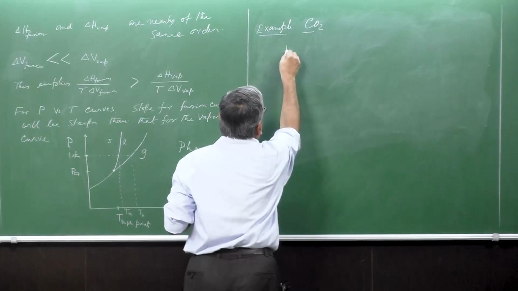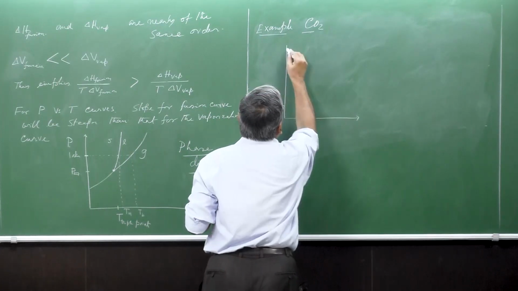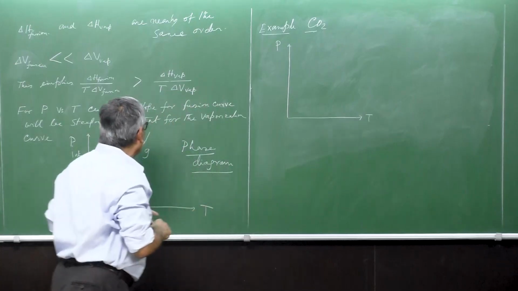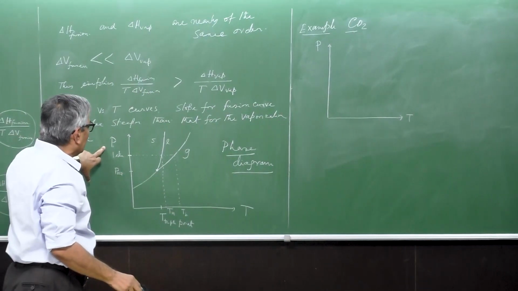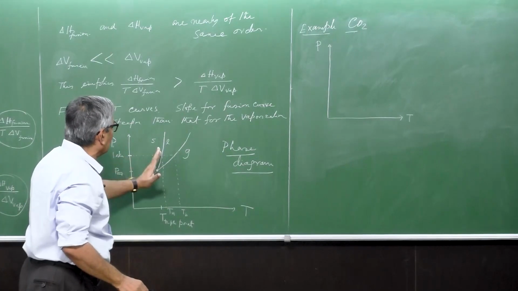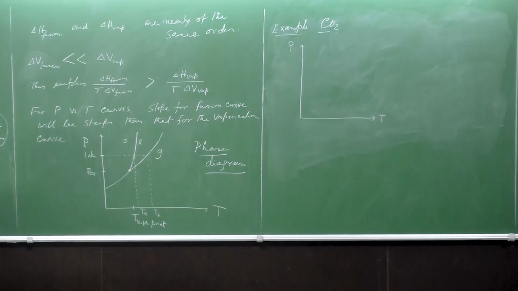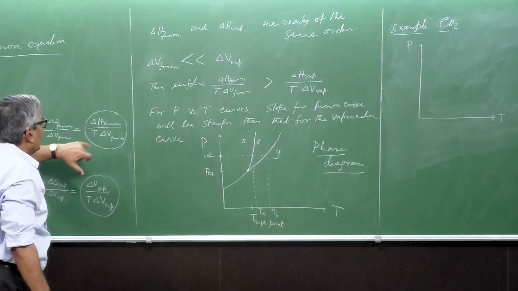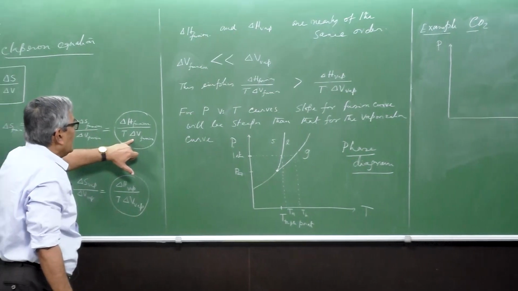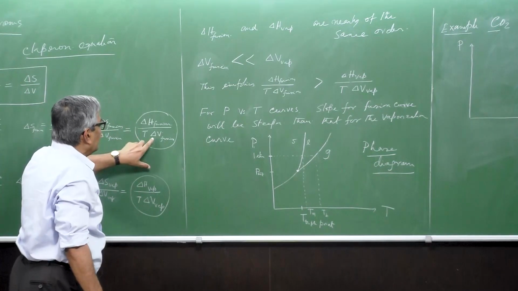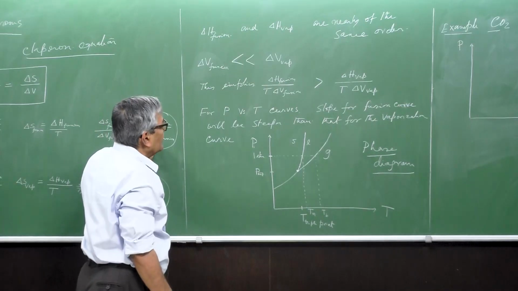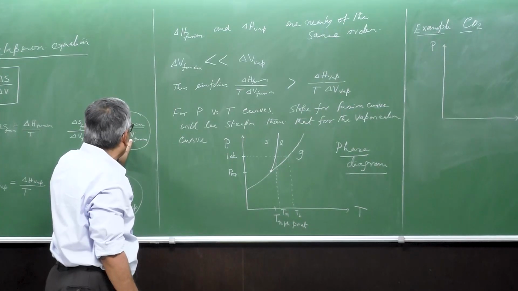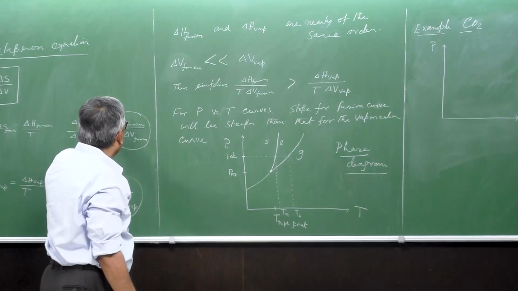As usual, that is the pressure-temperature curve, and we know that the solid-liquid line can be obtained from delta H of fusion divided by T times delta V. Again it is a very steep curve, and delta V is positive, basically small, and for a definite delta H by T, this is the slope.